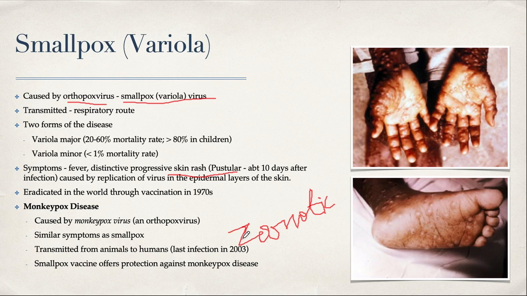We've seen that it can be transmitted from animals to humans, but thankfully we haven't seen a jump from human to human yet, so we don't have much of a public health issue on our hands. But the other good news is that the smallpox vaccine offers protection against monkeypox as well, so that's great.